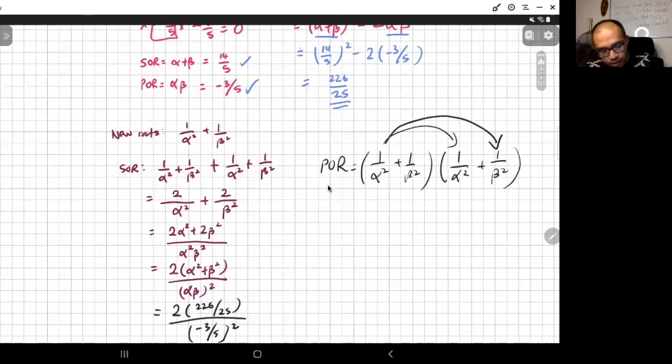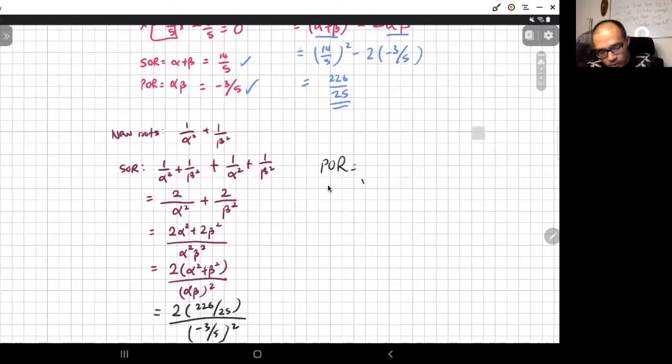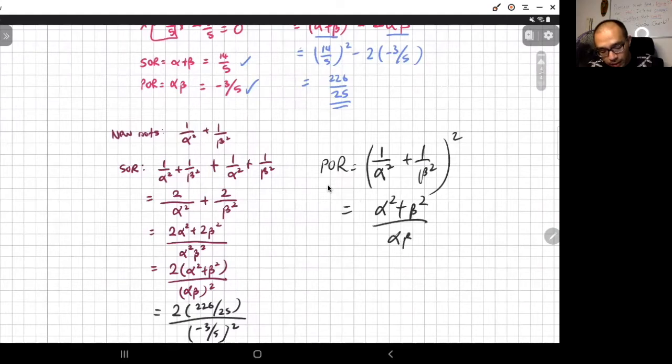We want to square the whole thing, right? So 1 over alpha squared plus 1 over beta squared. Now, if we want to square the whole thing, this will give us alpha squared plus beta squared over alpha beta the whole thing squared.